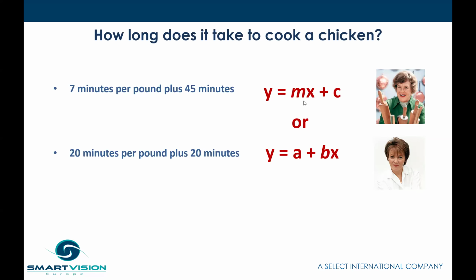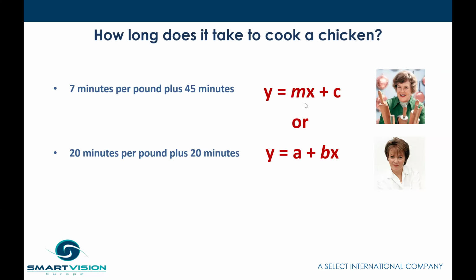But when we do a linear regression, it gives us the constant and it gives us these coefficients. And these coefficients tell us how much the outcome variable is affected by the input variable. So, how much longer you need to cook the chicken for every extra pound of weight.